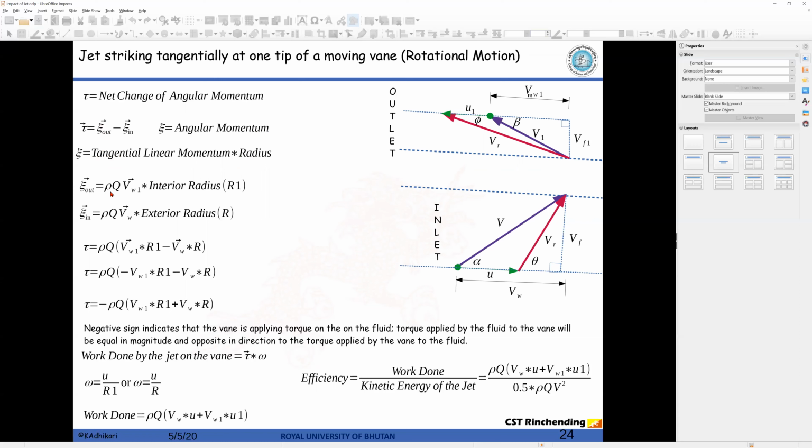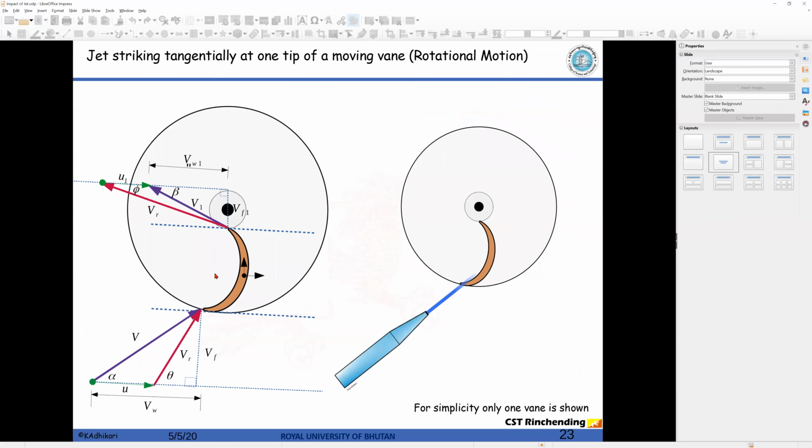The linear momentum is rho q Vw1. That is the interior radius. Interior radius means from this point to this point, and exterior radius means from this point to this point.